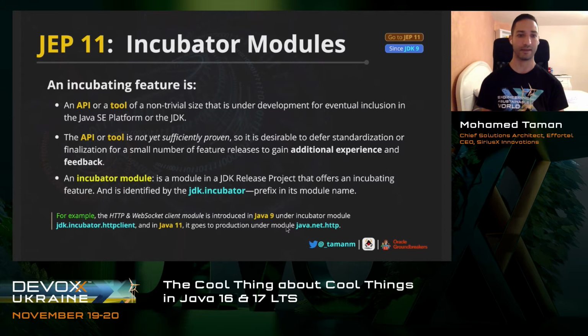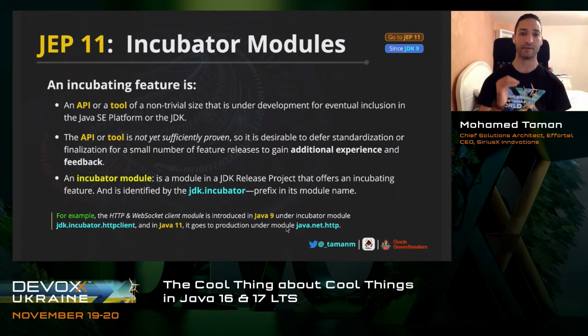We did something like this for the HTTP and WebSocket client module introduced in JDK 9 under an incubator module called jdk.incubator.http. We had 2 reviews in JDK 10 and 9, and then we saw it was stable enough and provided all the use cases for the client and our users. Then, okay, let's move it to production in JDK 11 under the module java.net.http.